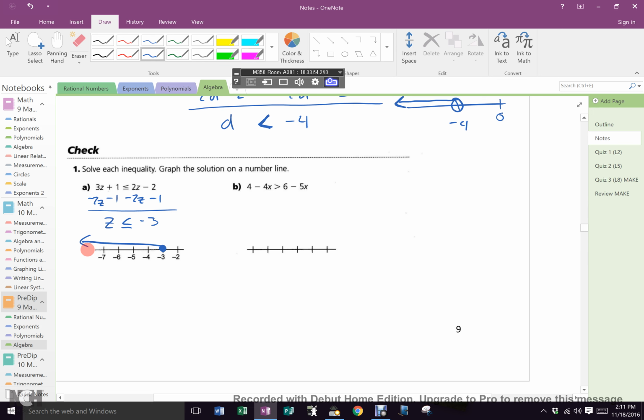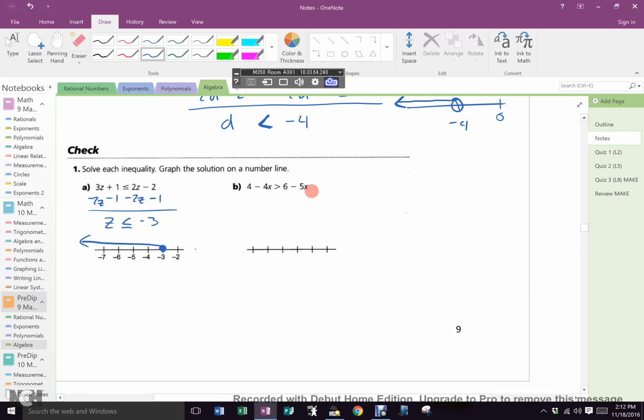Give me another reason why it goes left. Because 0 doesn't work. Letters on the left side, so I follow the sign. Everybody good?